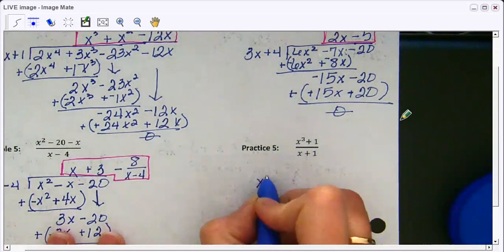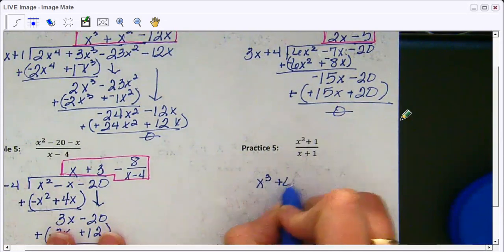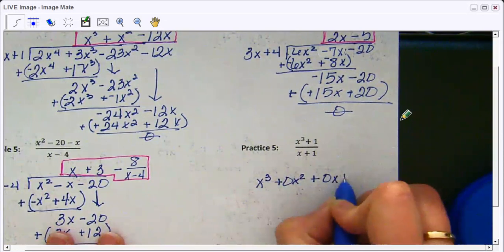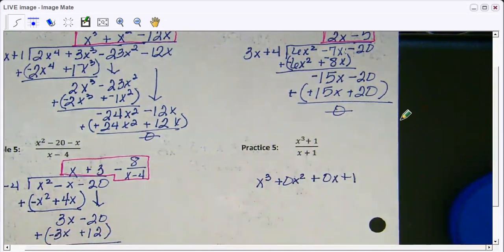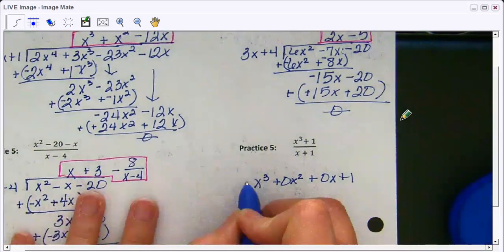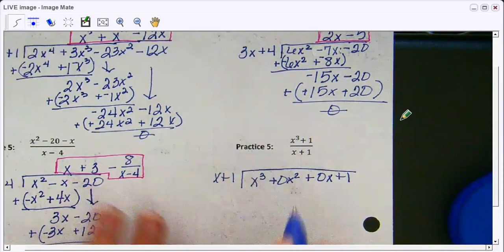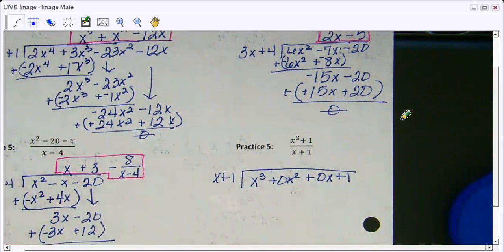It would be x cubed plus 0x squared plus 0x plus 1. So you have to put in the fillers of any exponents that are missing from your first term to your last term. Okay. And then this would be x plus 1 on the outside. Once you do that, you can divide like normal.